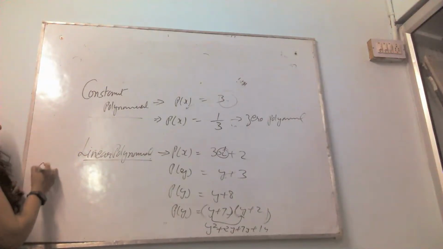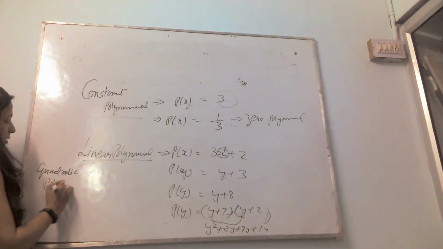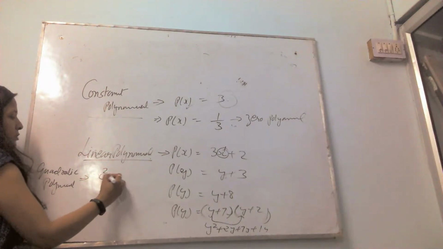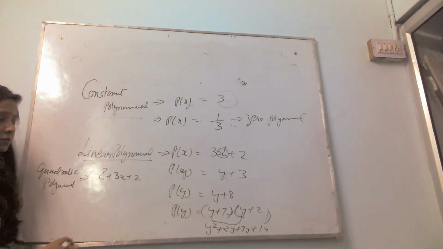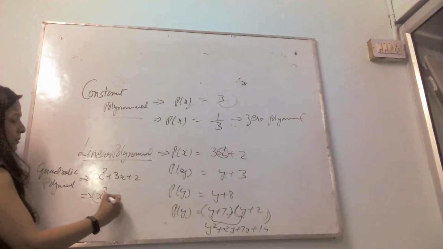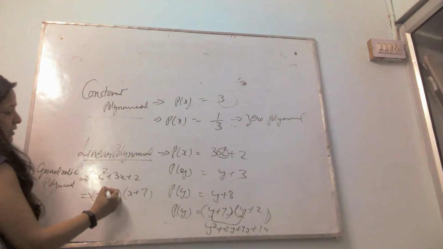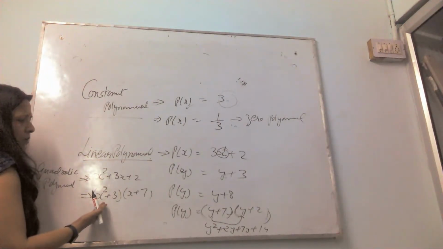Quadratic polynomial, as the name suggests, is 2. The highest power is 2. That is called a quadratic polynomial. Again, you should not be confused if it is like this. You may think it is a quadratic polynomial because the highest power is 2.